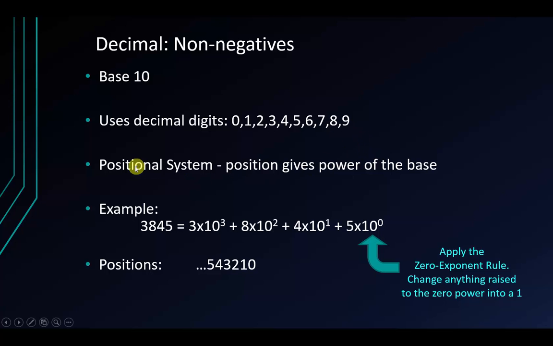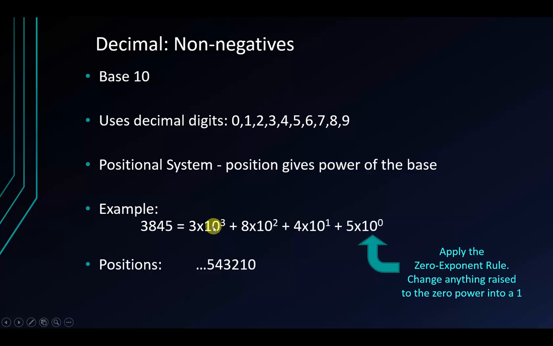This is also a positional system, where the actual position of the number gives the power of the base. And we have an example here, 3,845. The 3 is in the thousands position, or 3 times 10 to the third. The 8 is in the hundreds position. The 4 in the tens, and the 5 is in the ones position.